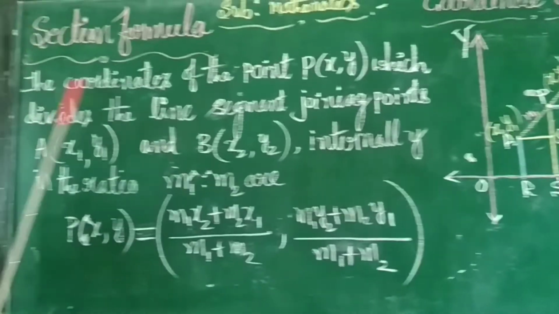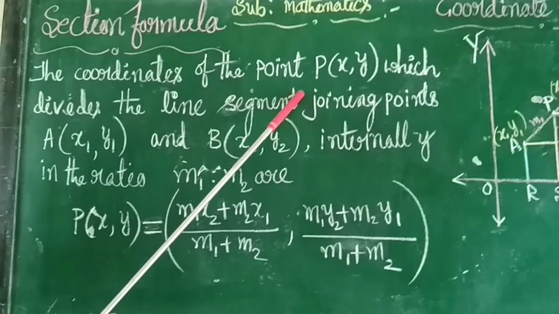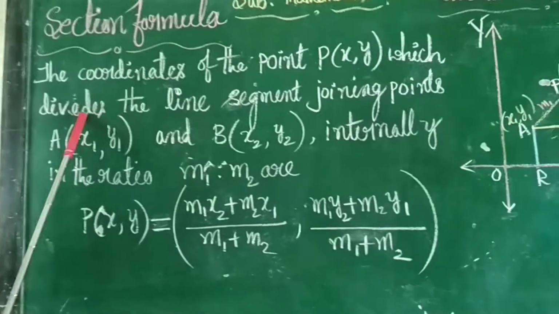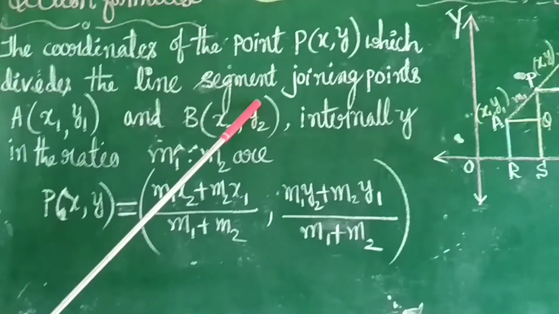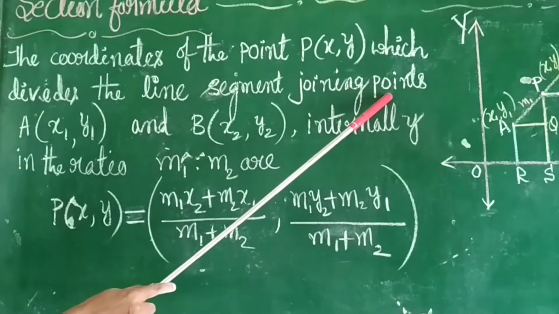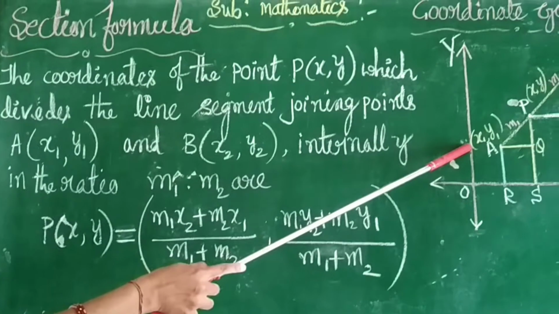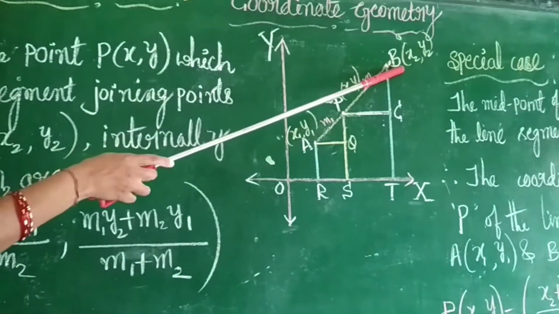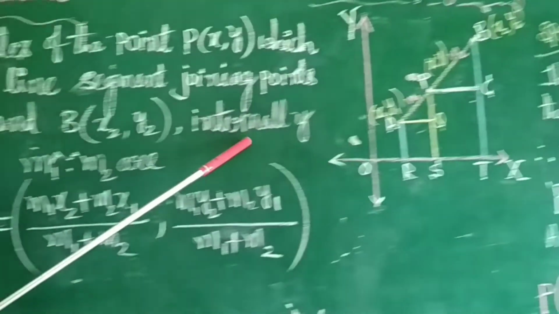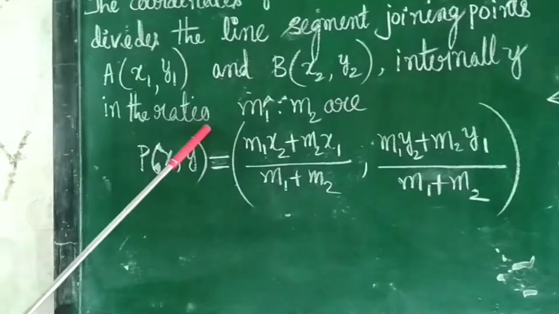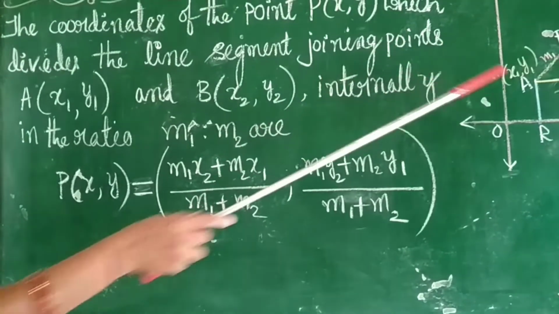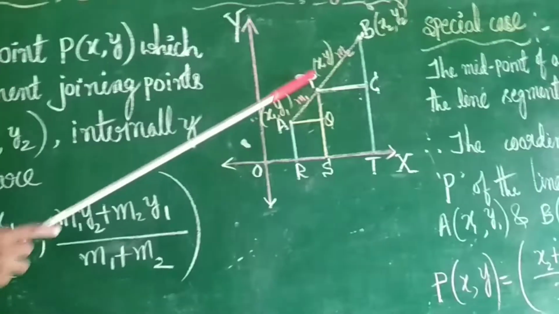Let the coordinates of the point P of x, y divide the line segment joining points A of x1, y1 and B of x2, y2 internally in the ratio m1 is to m2. Look at this figure, m1, m2.